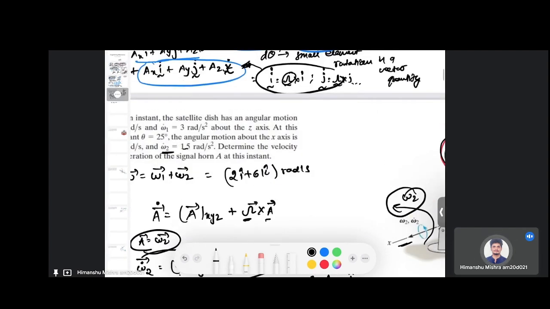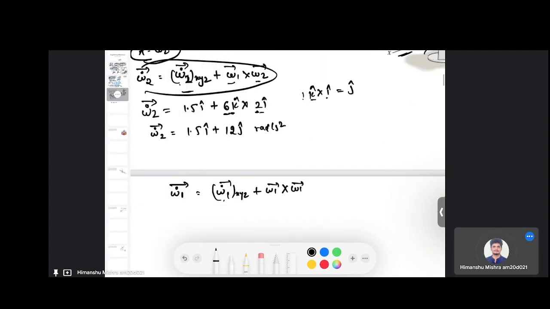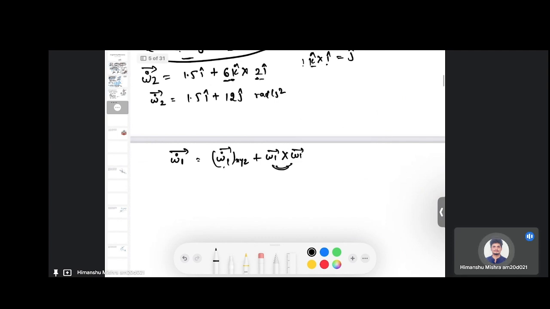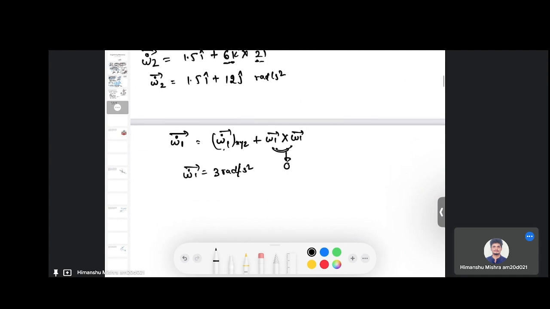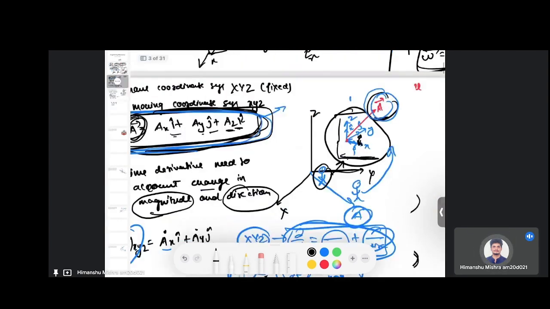It is actually 3 rad per second, and omega 1 cross omega 1 will be 0, so omega dot 1 will be 3 rad per second square. Then the total acceleration will be omega 1 dot plus omega 2 dot.